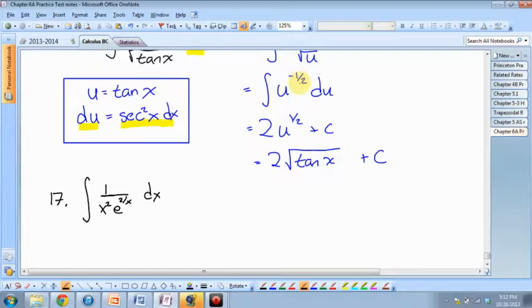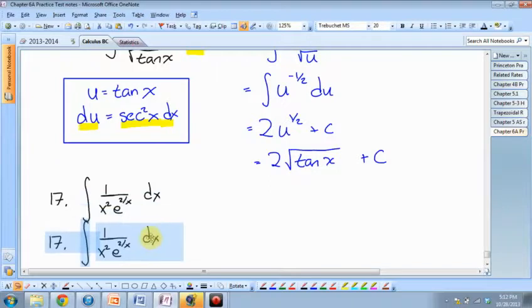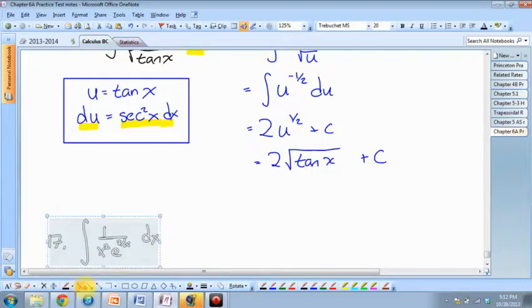Negative 1/2 plus 1 is 1/2. You got it? Awesome.